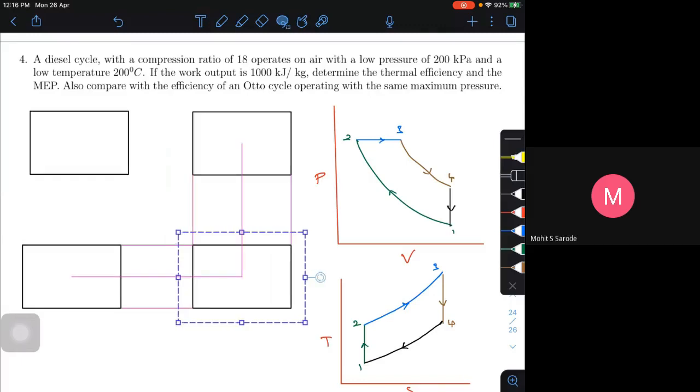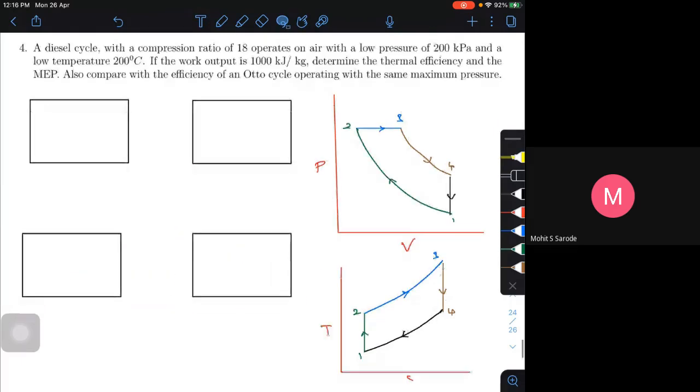Okay, this is what I have. Then if I call this point 1, this point 2, this point 3, and this point 4.